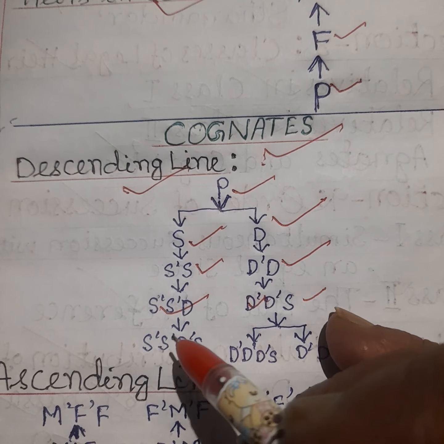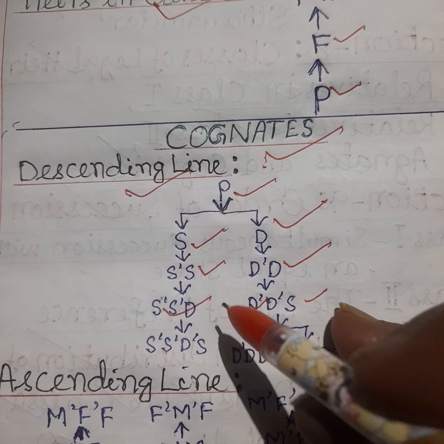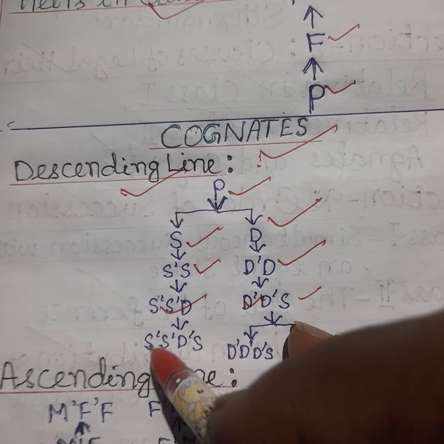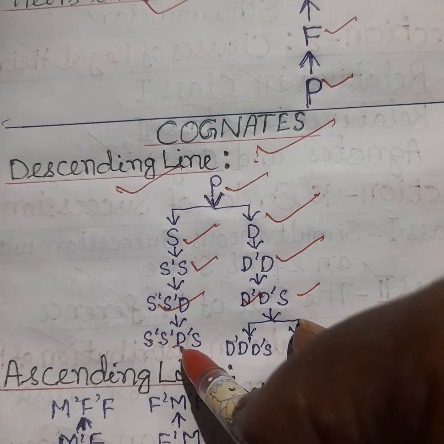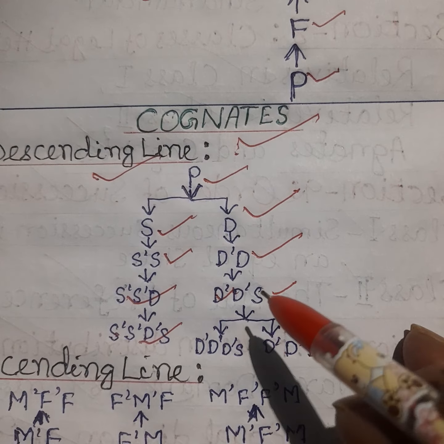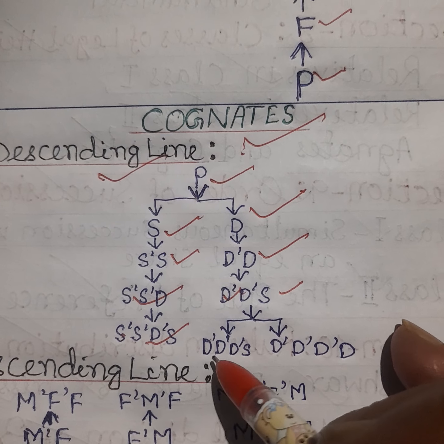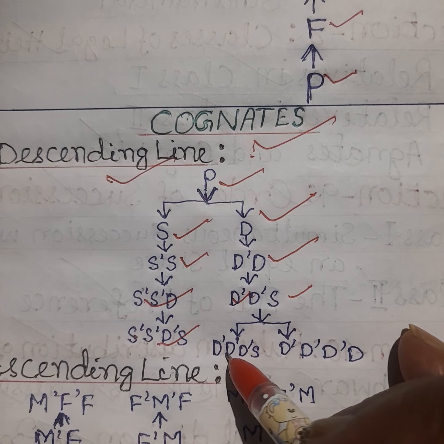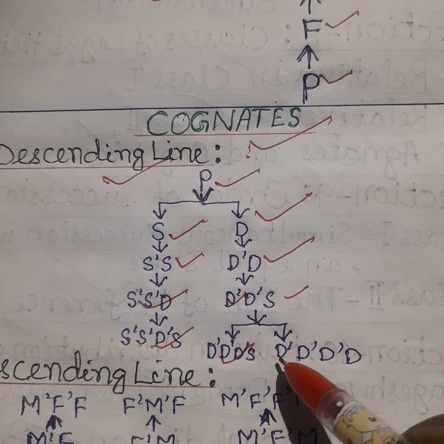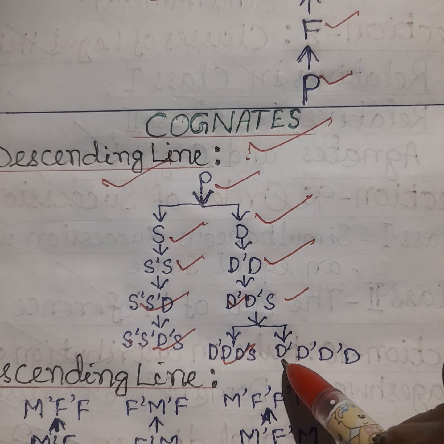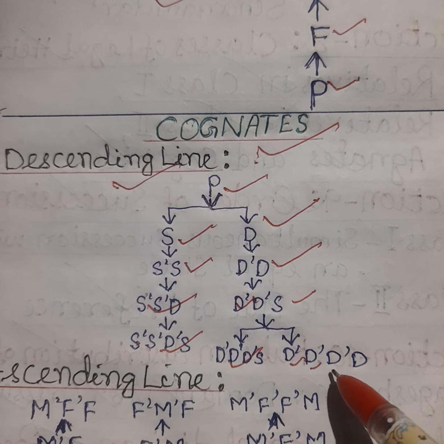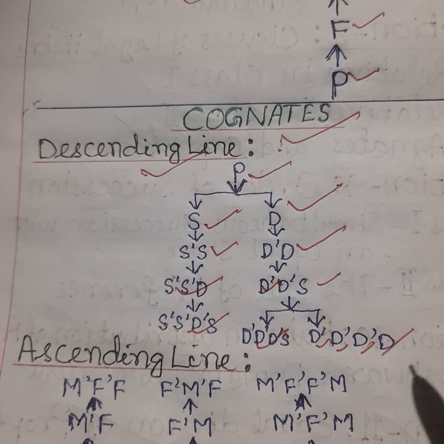From son's son's daughter, it will devolve to son's son's daughter's son. And regarding daughter's daughter's son, it will devolve to daughter's daughter's daughter's son. And in another part, daughter's daughter's daughter's daughter.